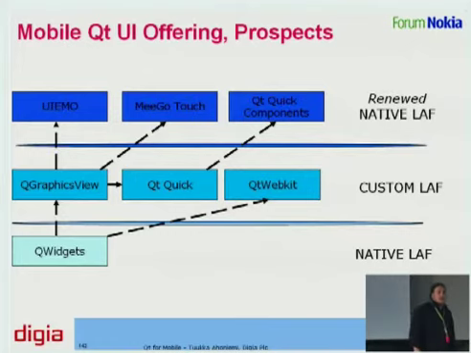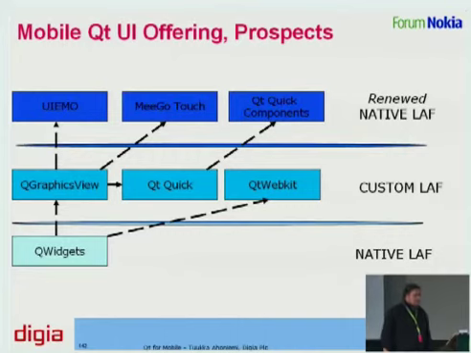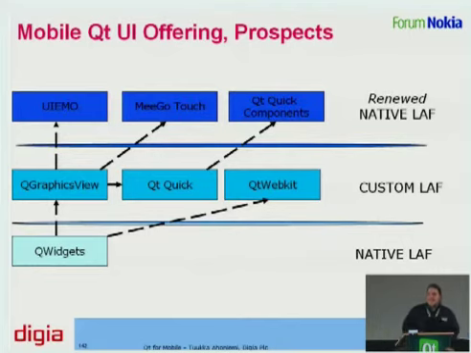Yes, a question here. Maybe it's a special case, but is the Qt framework following the rules of the Symbian platform so that maybe a screen reader can read the contents of the screen?